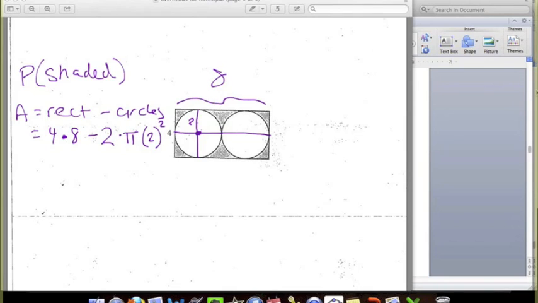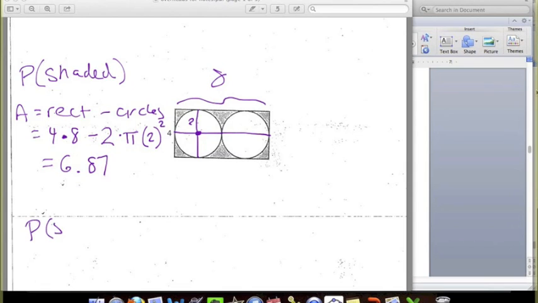And type this into your calculator, once again typing in the pi. And I get 6.87. That is the area of the shaded region.